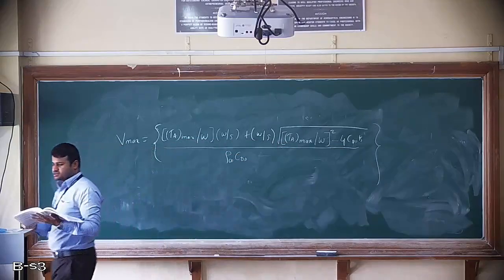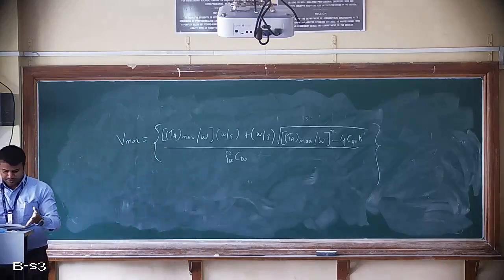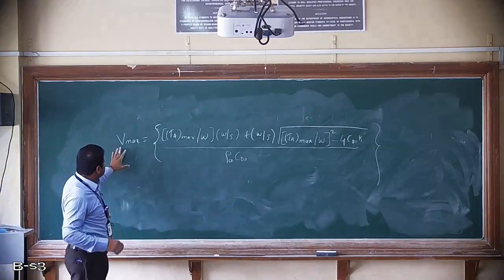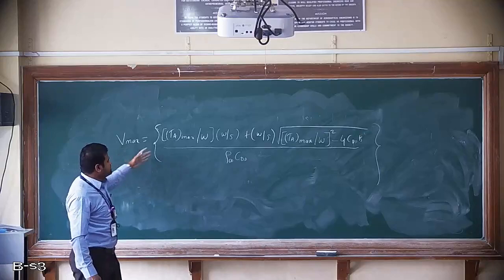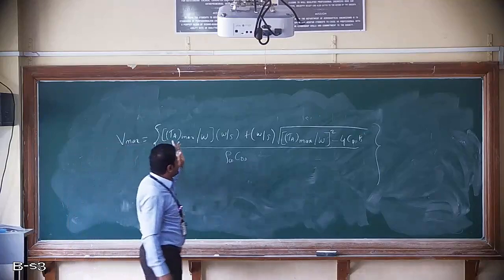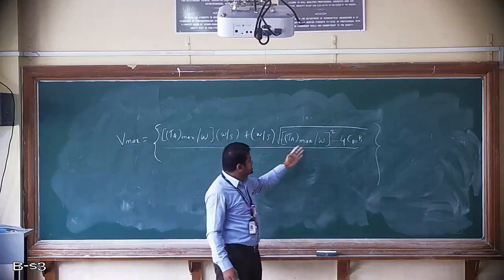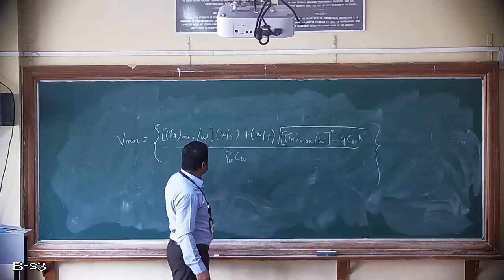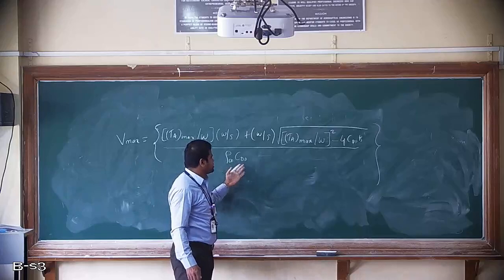So this is the maximum velocity equation in order to find out the answer for maximum velocity. TA means thrust available and W means weight, W by S means wing loading, then density, and coefficient of drag.